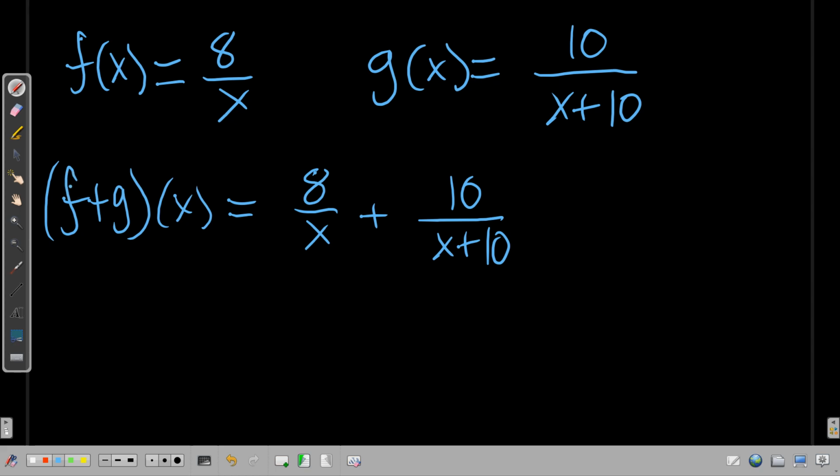Now, I really don't have a reason to do any algebra from here and simplify that. I have no good reason to do it. I could. Maybe I want it to look like a single fraction. Whatever.